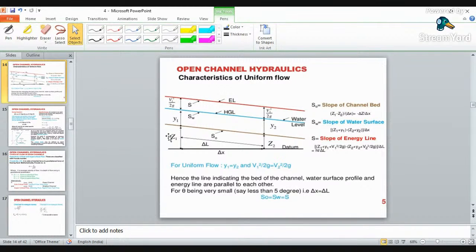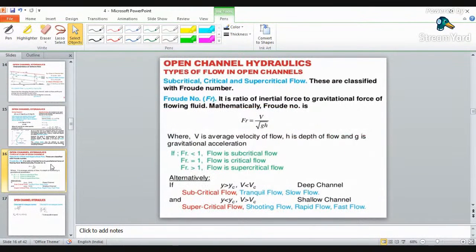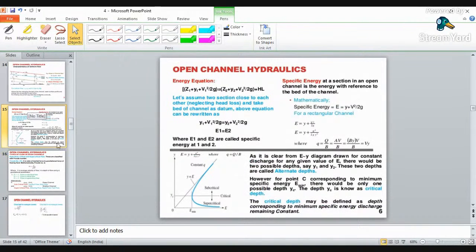So when you apply Bernoulli's theorem at both sections, you will come up with an equation. As per the energy equation, as per Bernoulli's equation, your total head at both the sections must be equal.